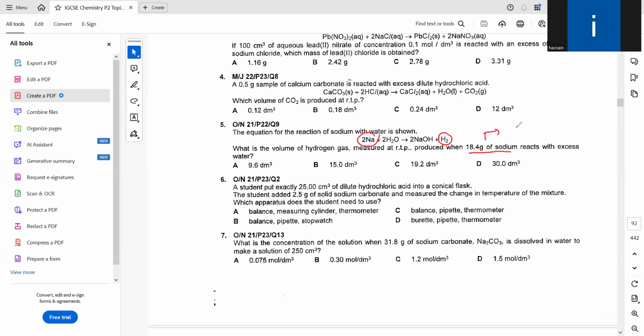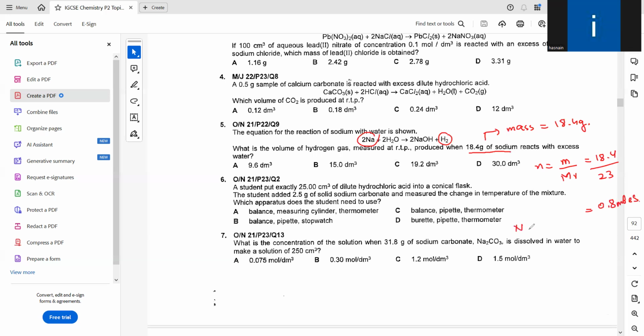I have the mass of sodium, 18.4 grams, and I can convert it into moles. That's mass over MR. So 18.4 divided by 23 for sodium is 0.8 moles of sodium.